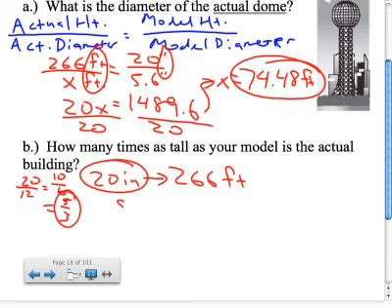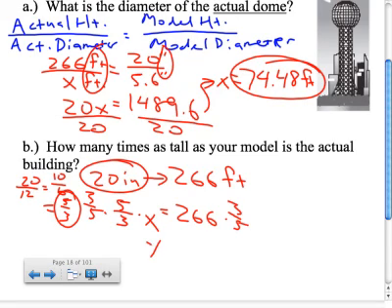So you have 5 over 3, that's your model, times x, which is how many times as tall it is, equals 266. Multiply by the reciprocal. And so you find that x is 266 times 3 divided by 5, which is 159.6 times taller.